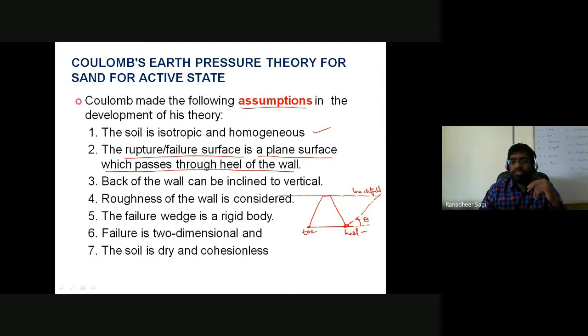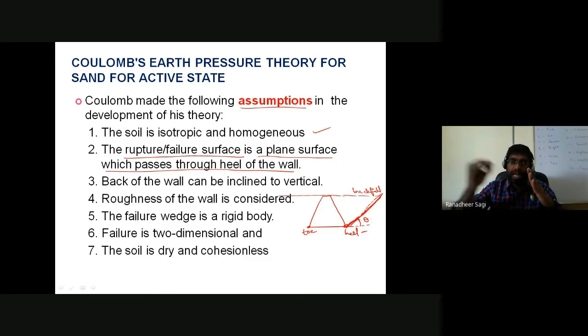Earlier, even in Rankine's theory, we have seen the failure surface in the active state gets developed at an angle of inclination 45 plus phi by 2 with the horizontal. In the passive state, the failure surface makes an angle of inclination 45 minus phi by 2 with the horizontal, or with the vertical it is 45 plus phi by 2. The same thing we are saying here also: whatever failure surface we are assuming gets developed is assumed to be a planar surface.